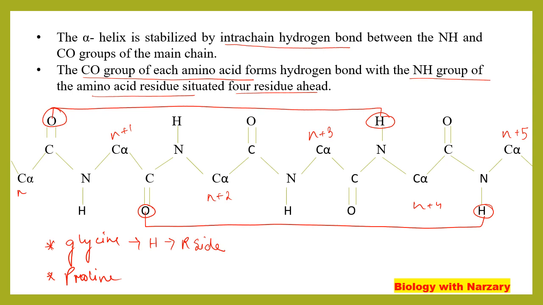And in proline, we know that both the alpha carbon as well as the amino group are bonded to the R side chain. Therefore, because of the lack of a free amino hydrogen, proline cannot form hydrogen bond, and because of this, proline cannot form alpha helix structure, and therefore glycine and proline are known as helix breakers.